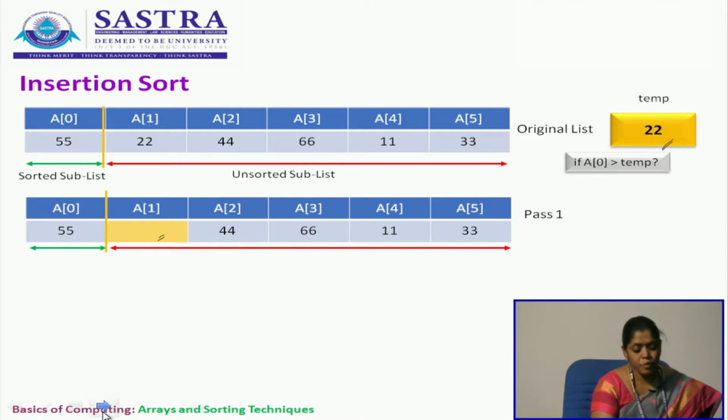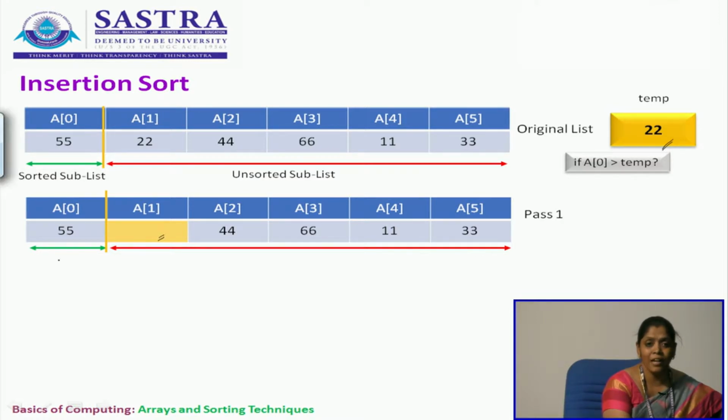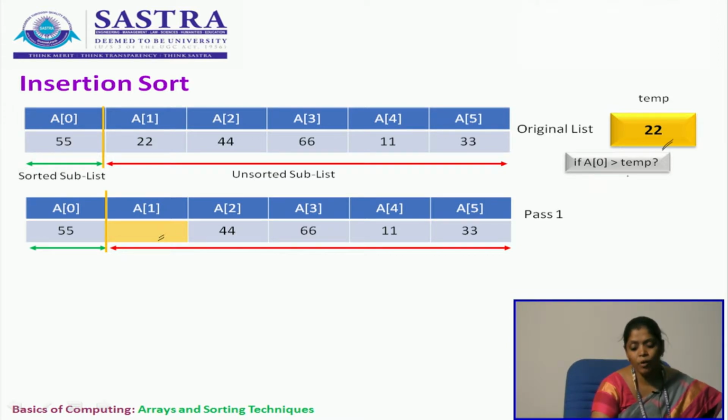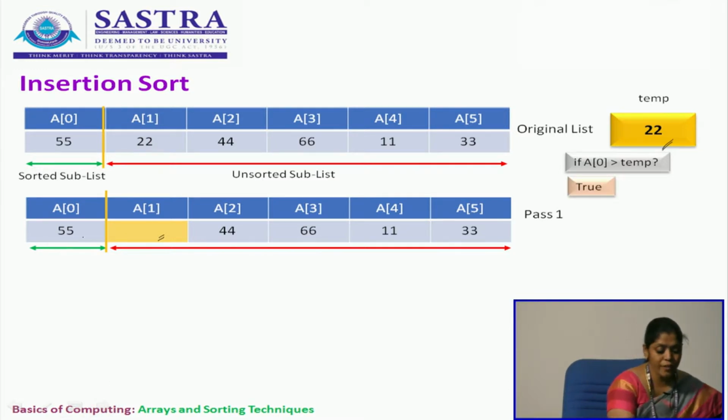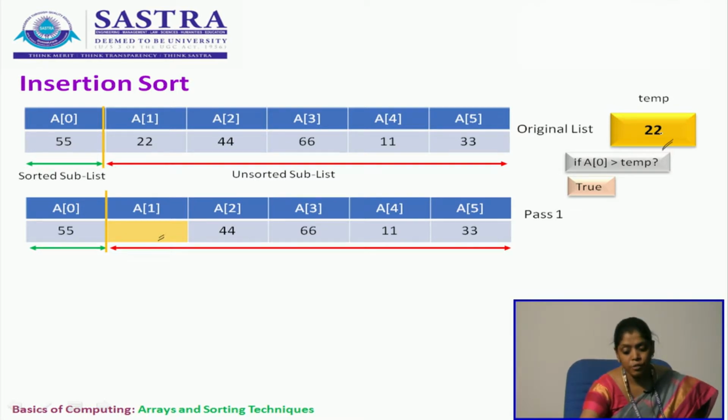Then we have to compare our temp value with the remaining sorted sublist elements. As this is the very first pass, we have only one element on the left hand side, which is A of 0. So we are comparing A of 0 and temp. If A of 0 is greater, then as per our condition, A of 0 is 55 and our temp value is 22, so this condition is true.